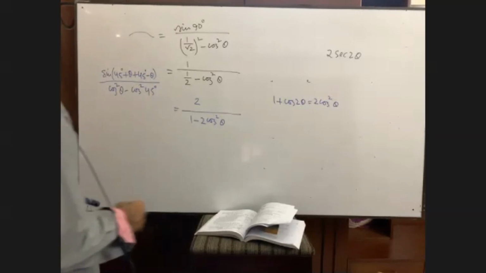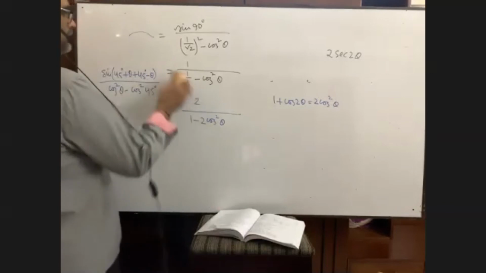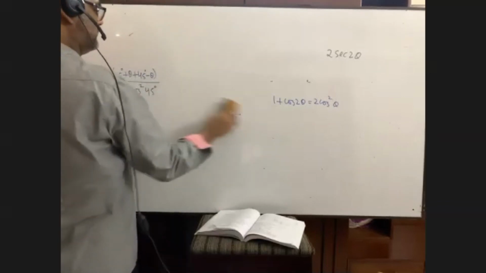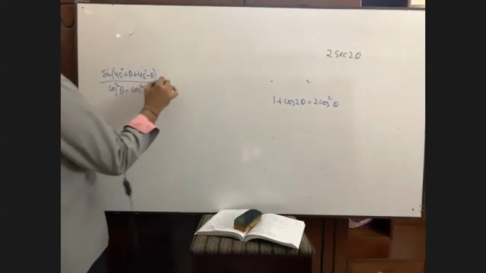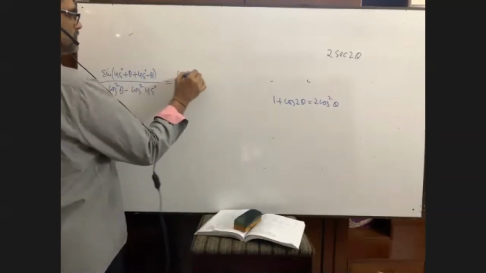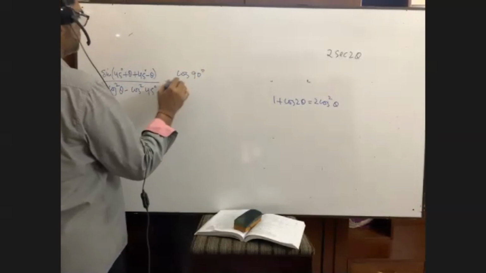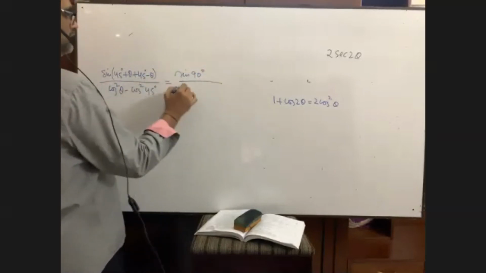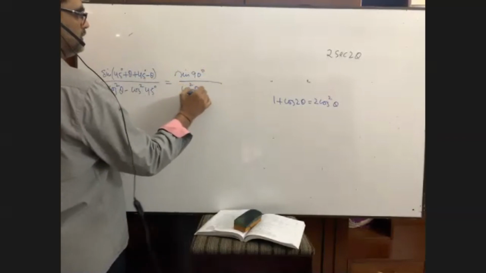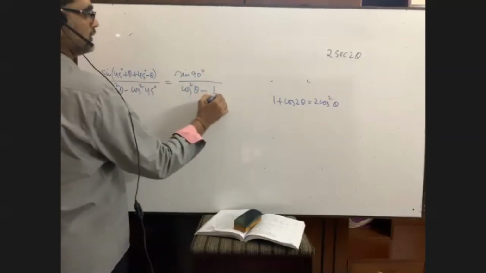Okay. Have you got me? Yes, sir. After that, you write down sine 90 degree by cos square theta minus half.